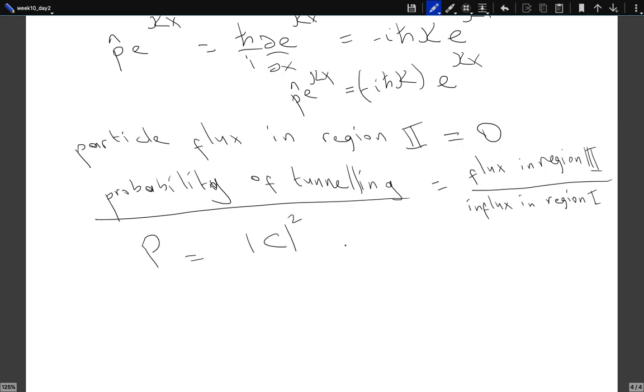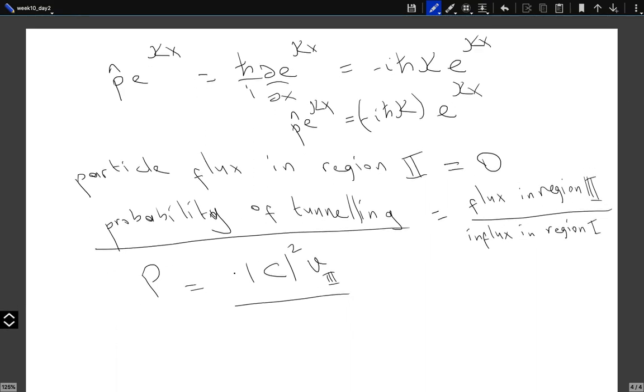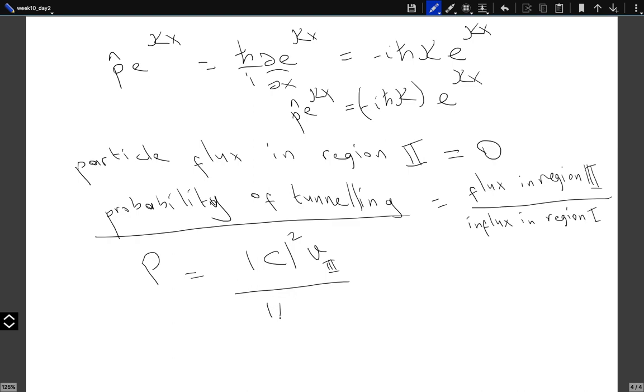It will be C squared times the velocity in region 3, divided by the influx, which is A. That is what describes the incoming particles. That's just A squared times the speed in region 1. This is how we define the probability.